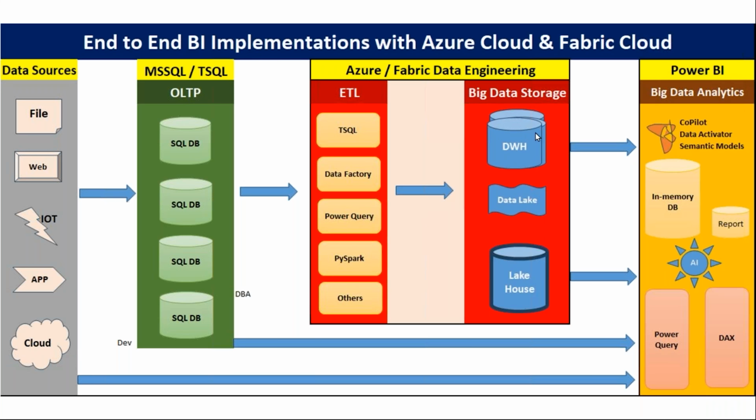It can be a data warehouse or a lake house. Lake house is a combination of table storage, the data warehouse, and file storage, the data lake. Usually, a data lake is a place to store historical files, old inactive data, and a data warehouse stores old inactive tables in table format.